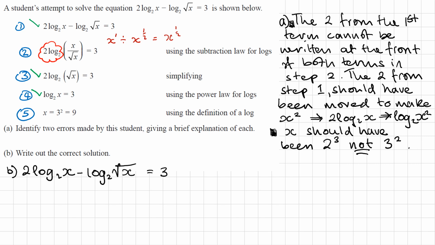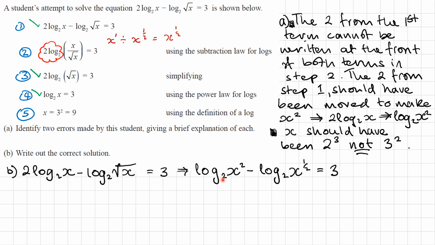So my first step would be to move this 2 here so it becomes x squared. That was the first error, so log base 2 of x squared minus log base 2, and I'm going to write my root x as x to the power half. Don't need to really, I just prefer dealing with that, is equal to 3.